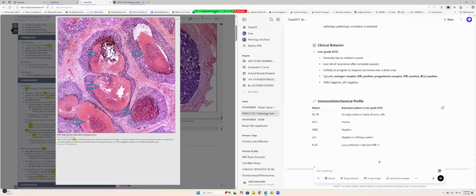What would be the IHC profile? It's still ER positive. What of BCL2? HER2 negative. Those are luminal A. Most of them are luminal A. They're HER2 negative.